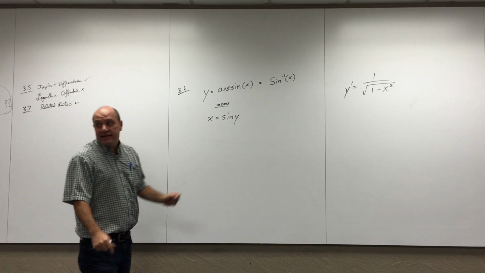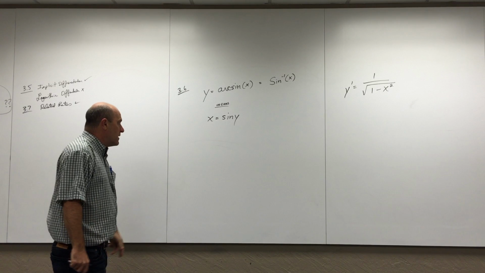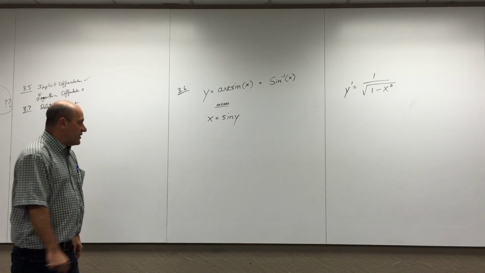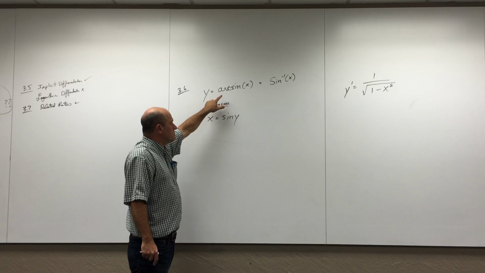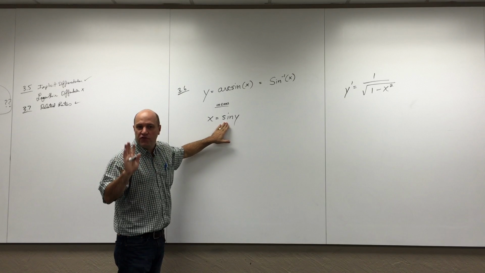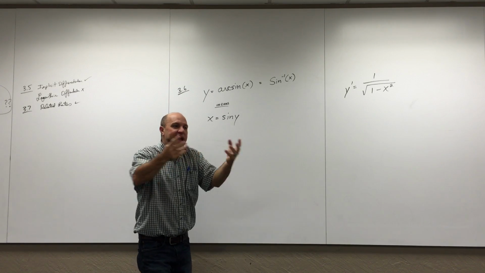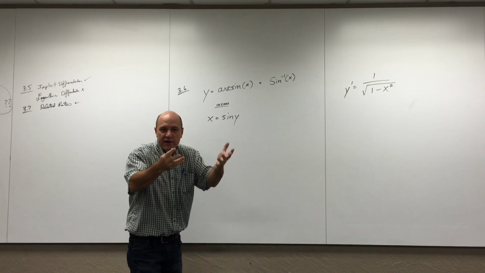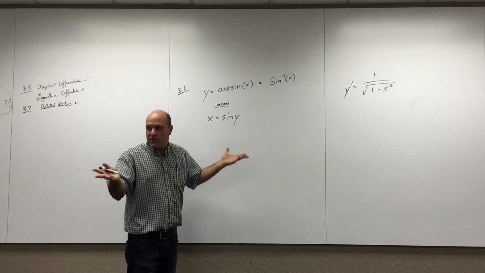Or you can think about it like this. You should understand these inverse trig functions. On trig functions, you plug in angles and they spit out numbers. You plug in 30 degrees, it spits out a half. That's what trig functions are.